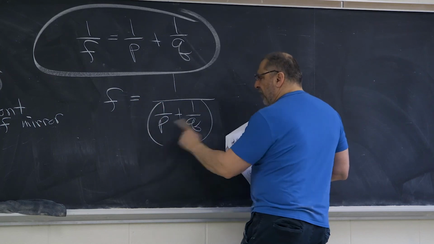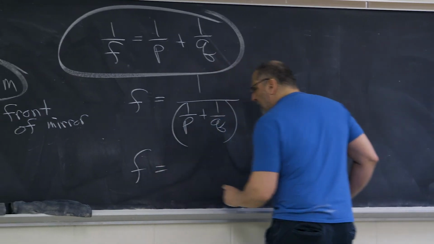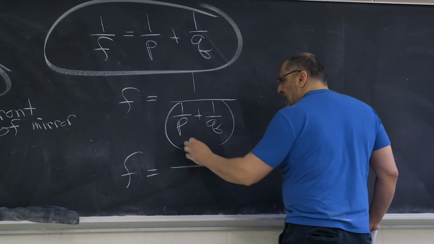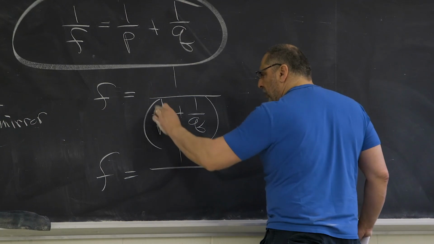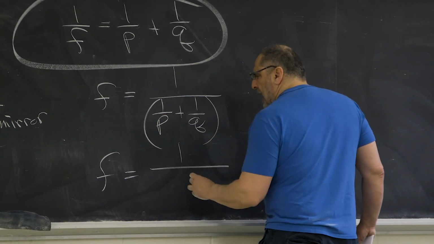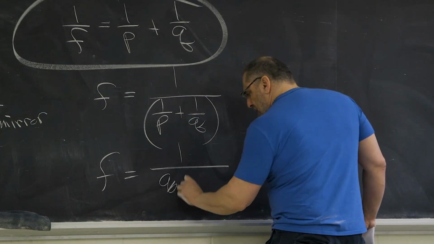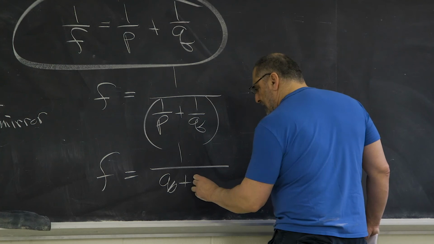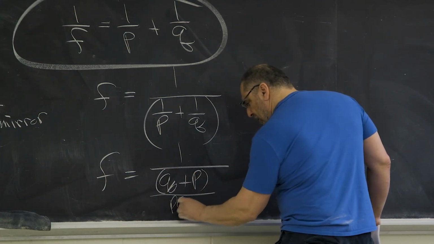Be careful. Don't be flipping them individually. Find out what's going on under here. Under here, you multiply this term by a special one called Q over Q, multiply this one by a special one called P over P, and what you got is Q plus P over PQ.